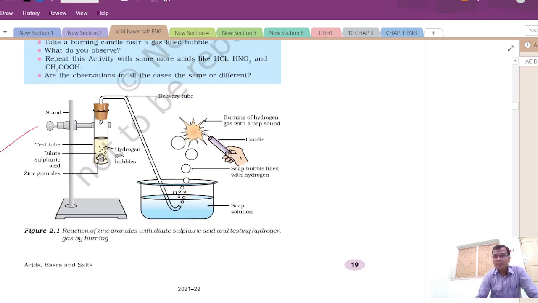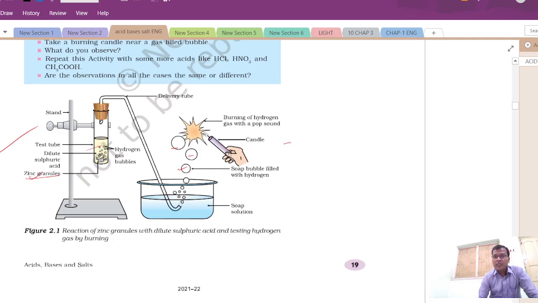This diagram has been given and you are asked which gas the bubbles are. This is zinc granules, and the yellow color is the dilute sulfuric acid. These granules are zinc metal.